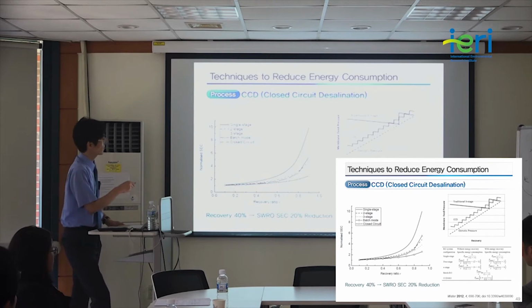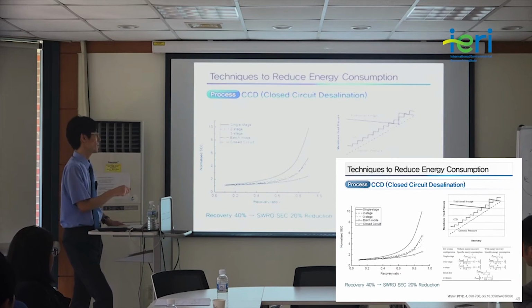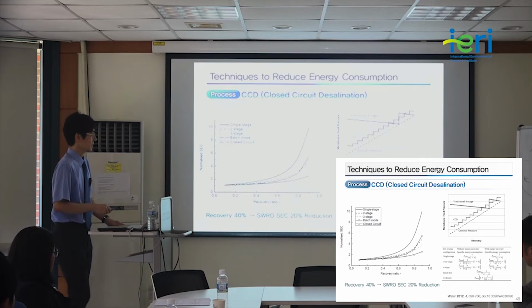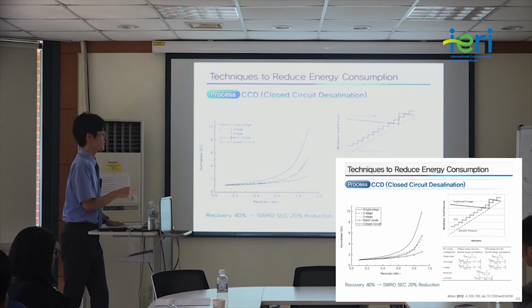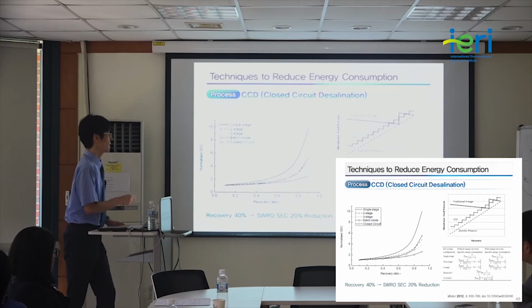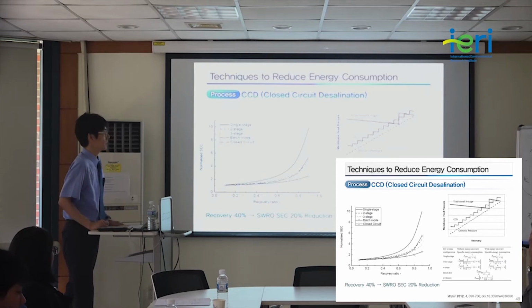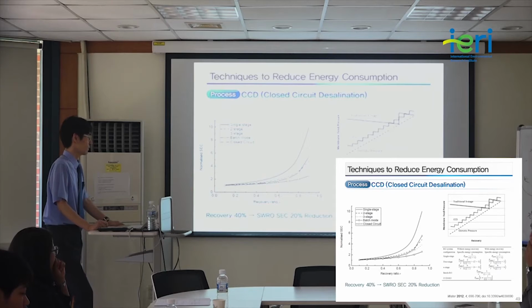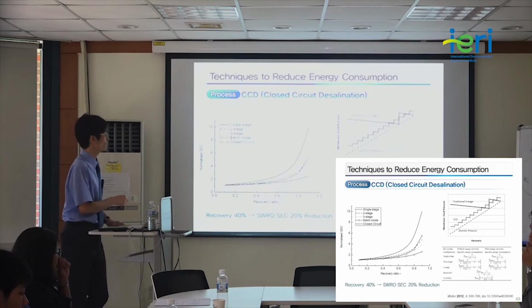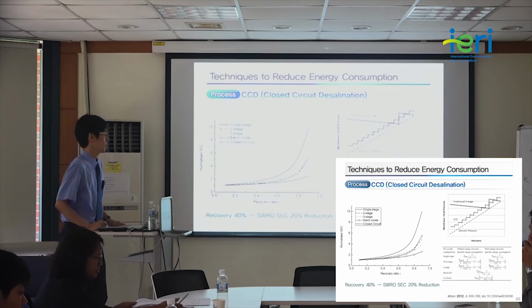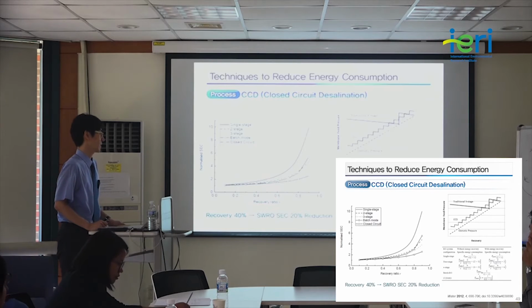And the difference between the single stage and other variations of the system increases with increasing recovery. And the practical recovery in seawater desalination is 40%. Under this situation, the SWRO specific energy consumption is reduced by around 20%.